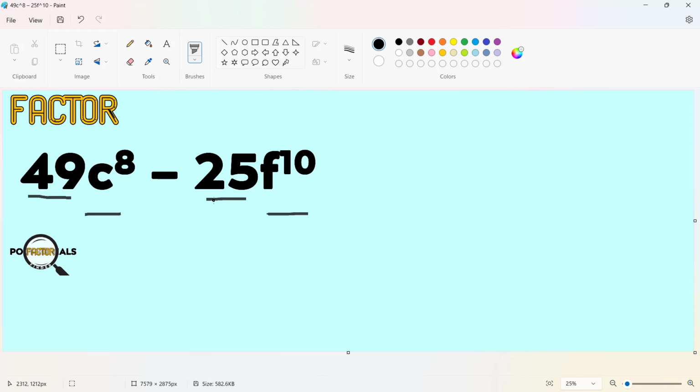Now let's go to our literal coefficients. C to the power of 8 and f to the power of 10, both exponents are even numbers. And if the exponents are even numbers, they are automatically perfect squares. In short, this entire binomial is a difference of 2 squares.